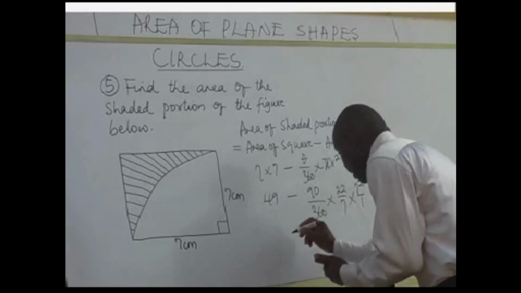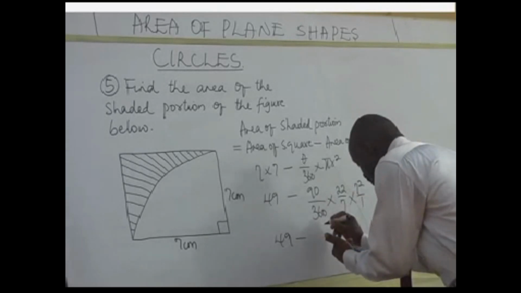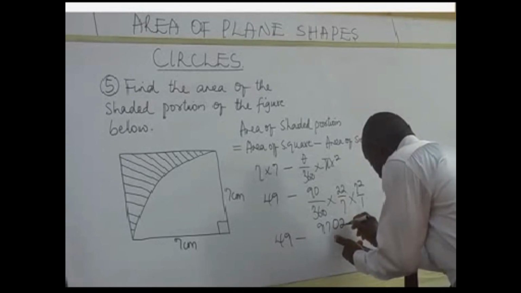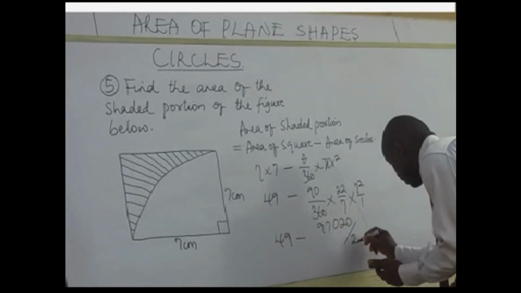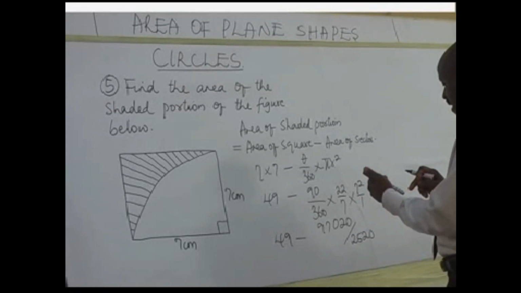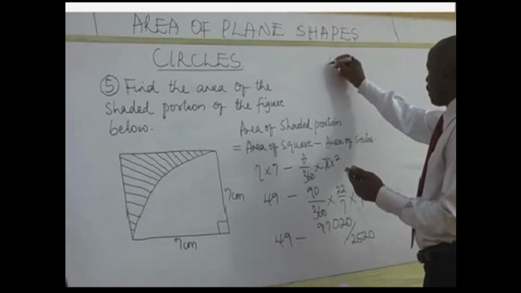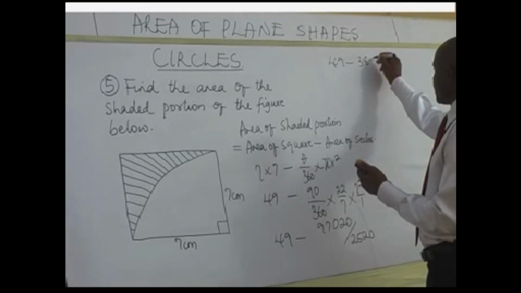So we have 49 minus, in the numerator we are having 97020. Remember, 360 times 7 is giving us 2520. So divide this by 2520. It's giving me 49 minus 38.5.